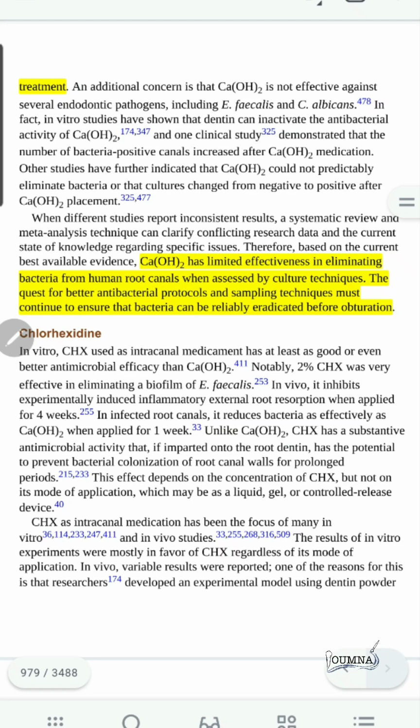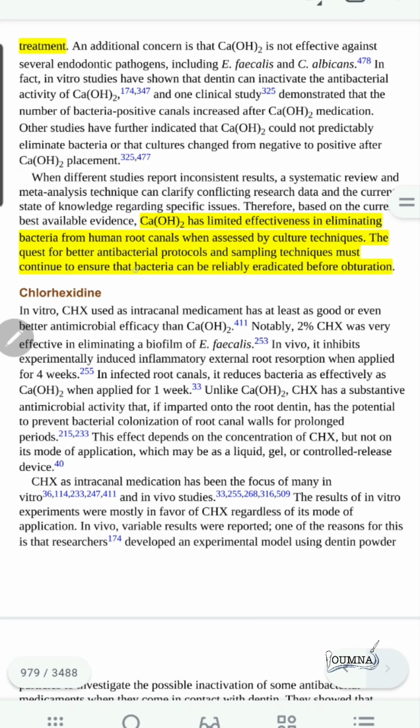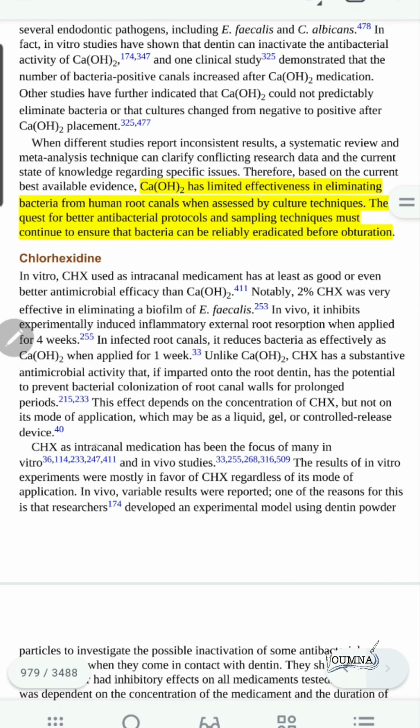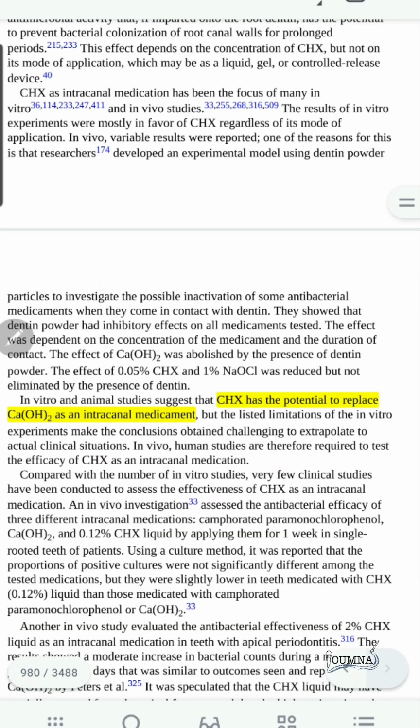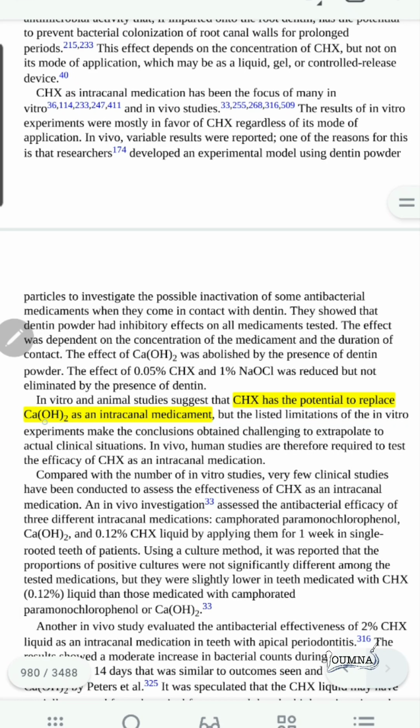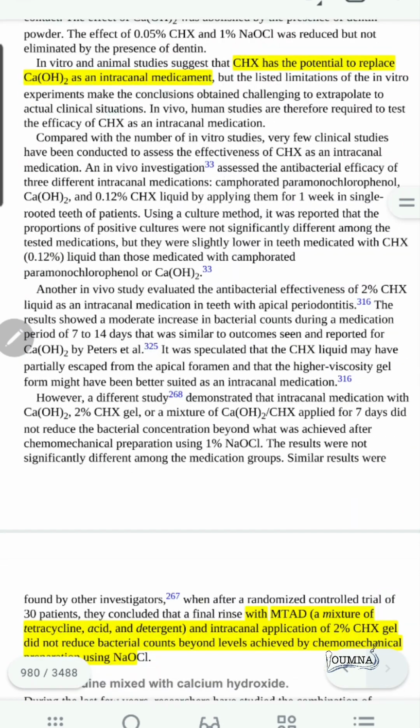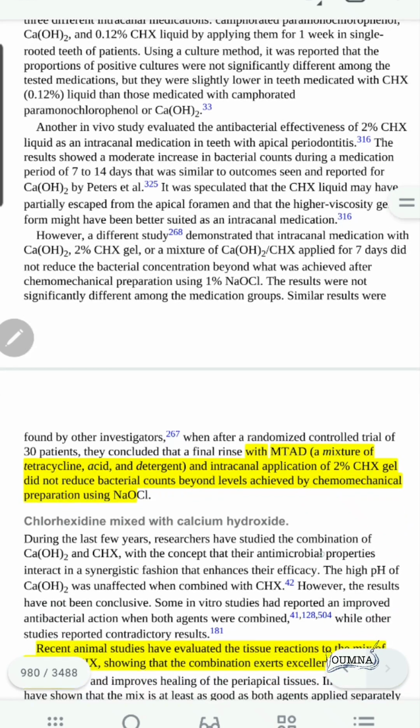Some studies have limited its effectiveness in eliminating bacteria, and other studies supported its effectiveness. We can use chlorhexidine as a potential replacement of calcium hydroxide as an intracanal medication.